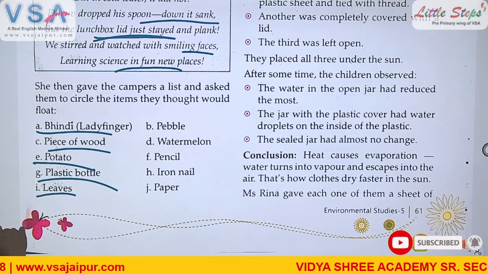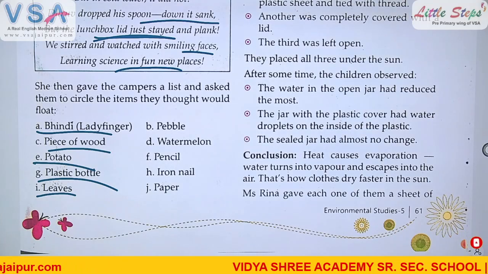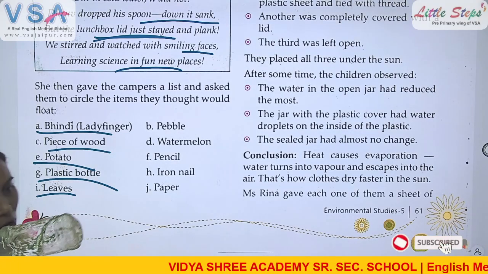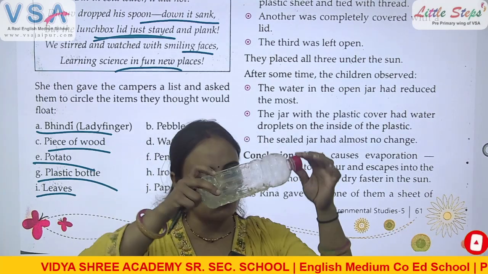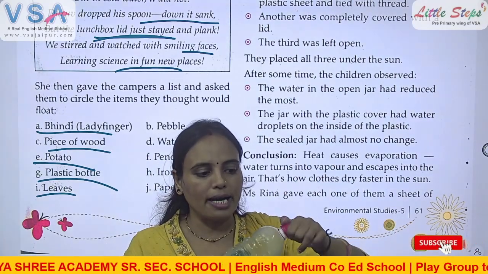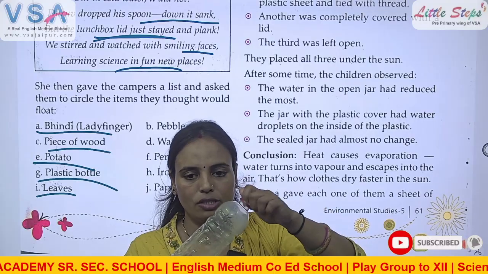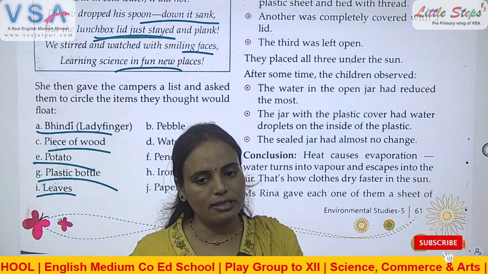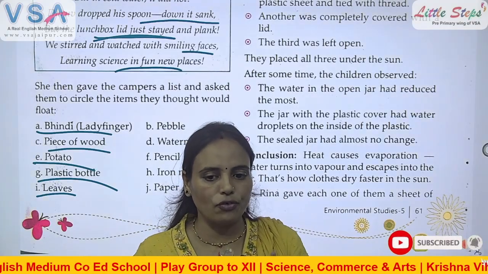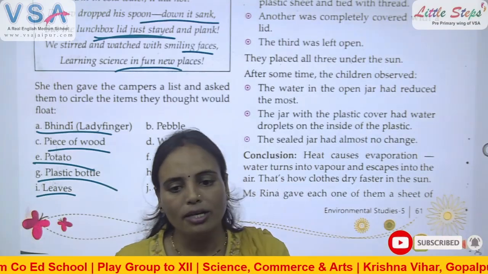If we take a plastic bottle, when it has a lid, then it floats. But when we remove the lid and put it in the water, then after a few moments it sinks in water.